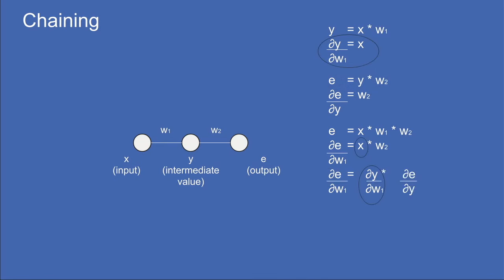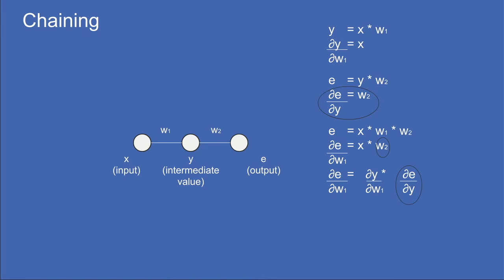And what we can see then is we can substitute in these steps: this change in y with respect to W1 is the same as x, and W2 is the same as the change in error with respect to y. And what this breaks down is, if we want to step down the chain, we want to know how much a change in W1 affects the error.